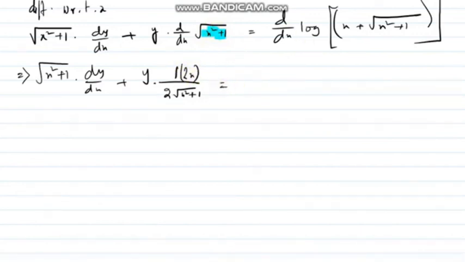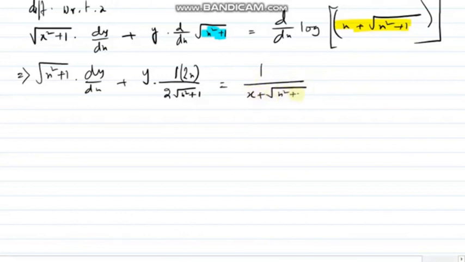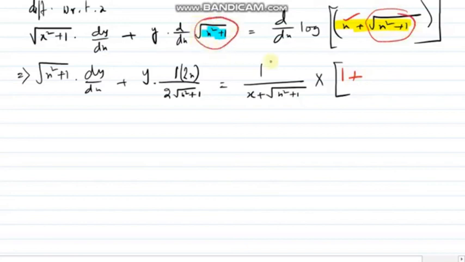Now d dx of log x, what will be d dx of log x? 1 divided by x, right? So it will be 1 divided by x into, just check down, d dx of x, that is 1, plus again d dx of this thing which you had already done over here. So you can just copy it from there, right? So if I simplify, I will get this.